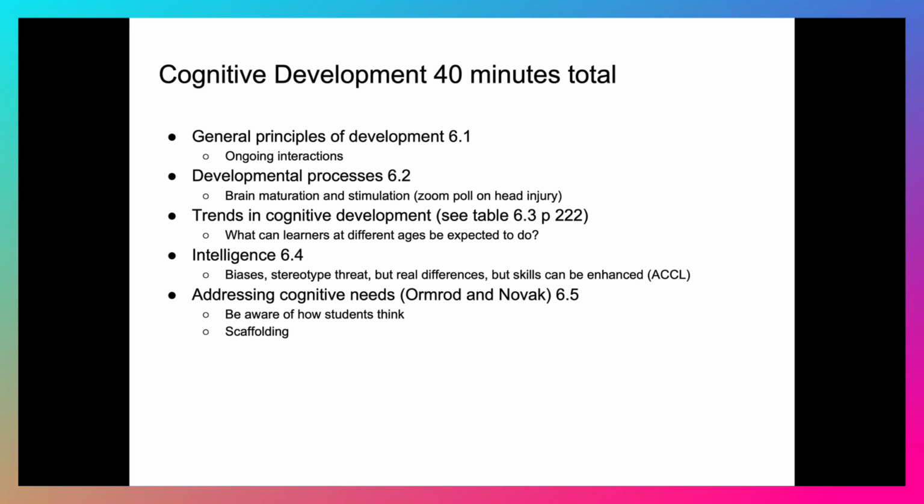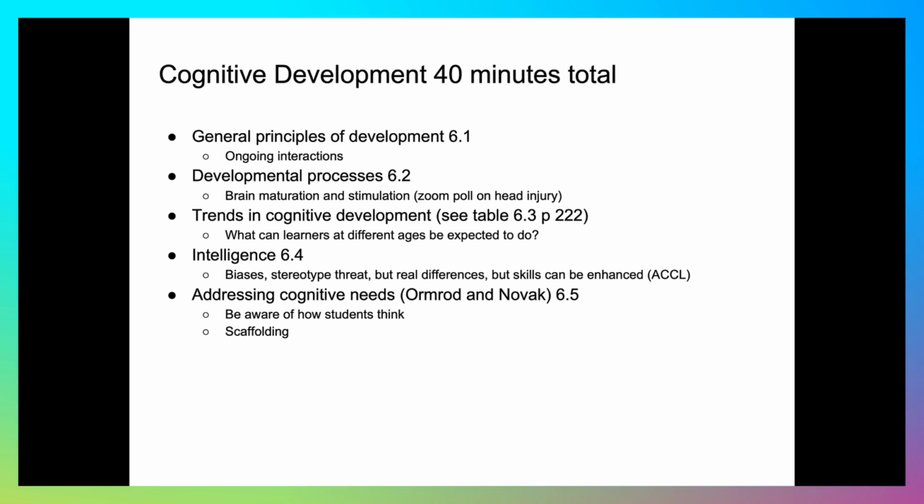It shows some nice typical age characteristics, examples, and suggested strategies. So those are kind of nice. And if you decide to answer one of the Piaget questions, that one table will be helpful to you.